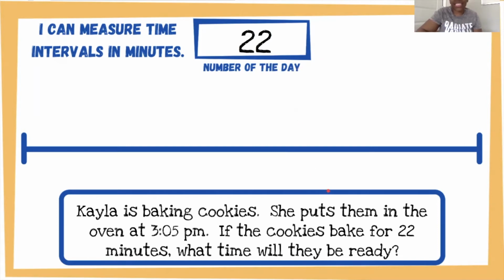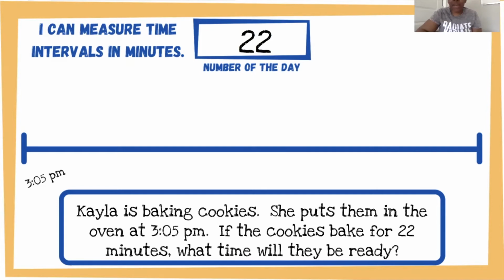So let's start our line with the time that she puts the cookies in the oven. Kayla puts the cookies in the oven at 3:05. We know the cookies are going to bake for 22 minutes, but we want to find a strategy that is going to help us to figure out what time that is.